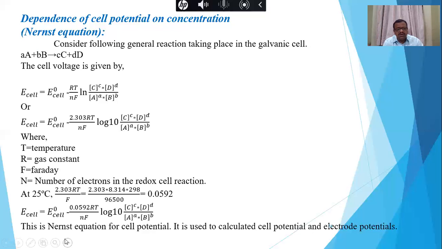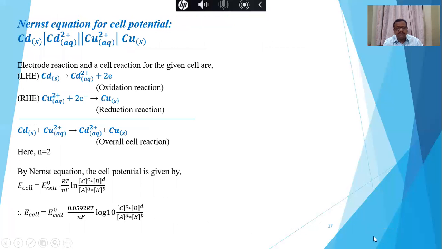This is the general equation, called the Nernst equation for the cell potential, and it is used to calculate the cell potential and electrode potentials of different cells.